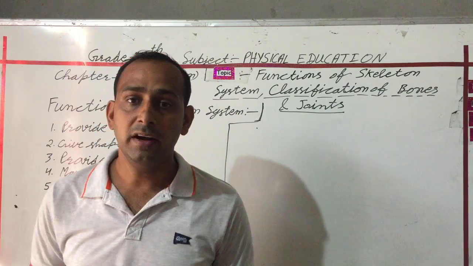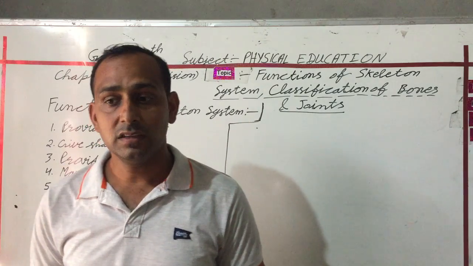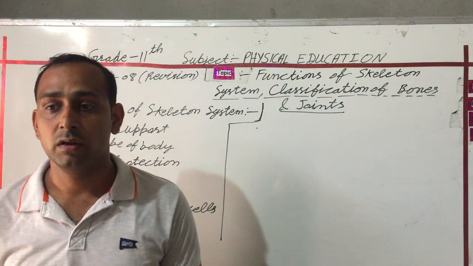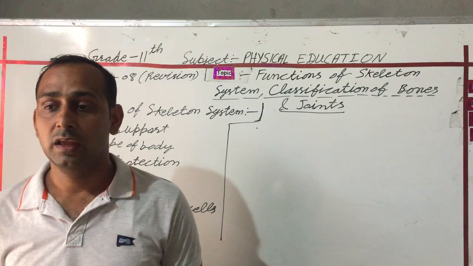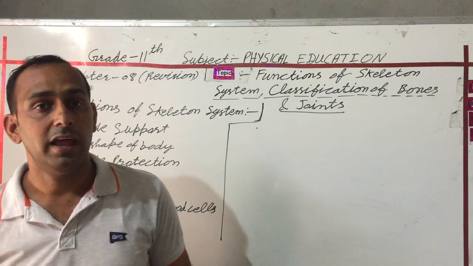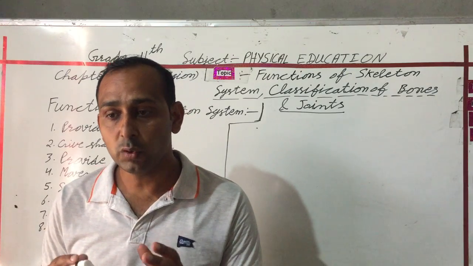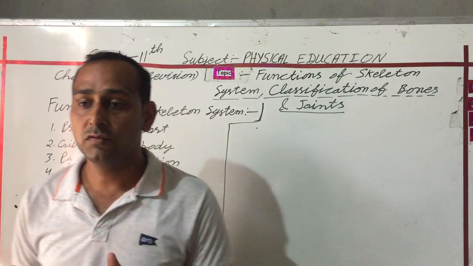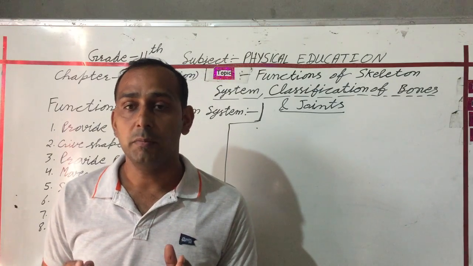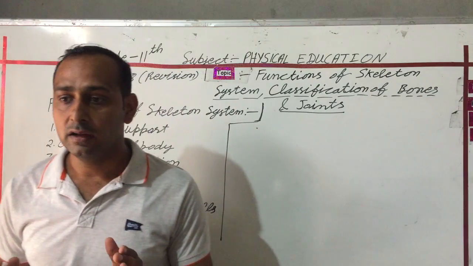First is provide support. The skeletal system provides a frame for the body and gives a particular structure, shape and height to the body. It provides surfaces for the attachment of muscles, tendons and ligaments.